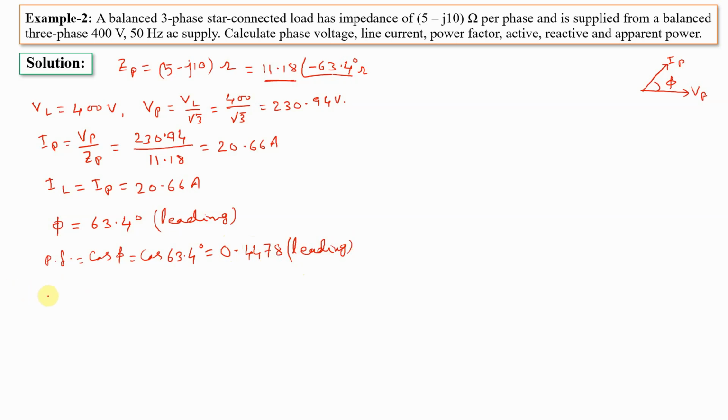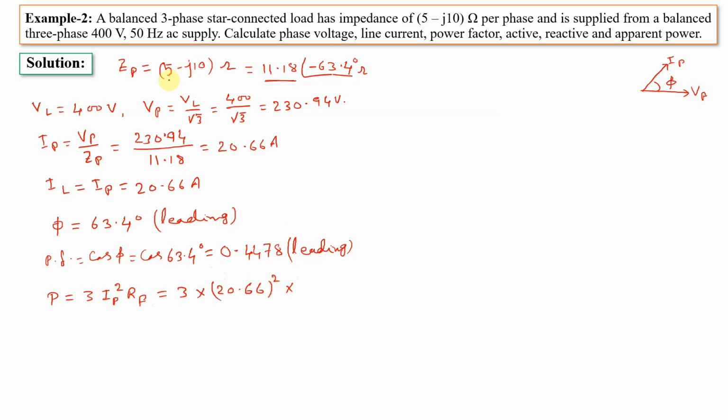Now the active power. There are different types of formula for active power. We know that it is 3 V phase I phase cos phi, it is root 3 VL IL cos phi, as well as it can also be calculated by using the 3 I phase square into R phase formula. So here if we use this formula, the I phase is 20.066 square into R phase.